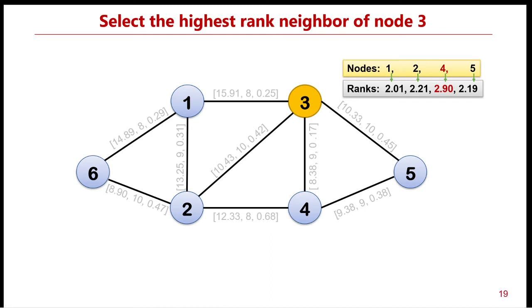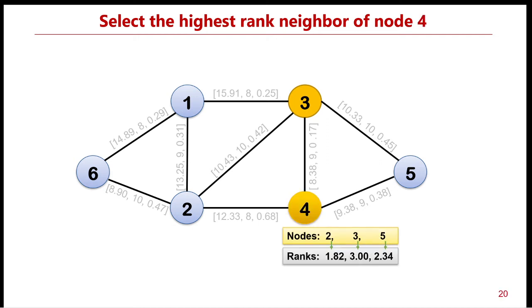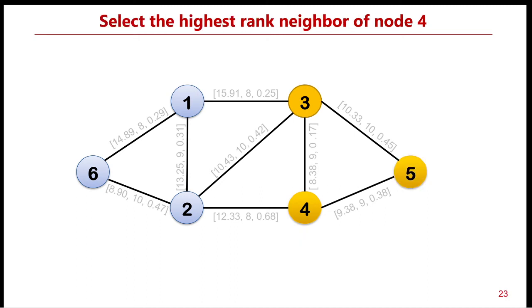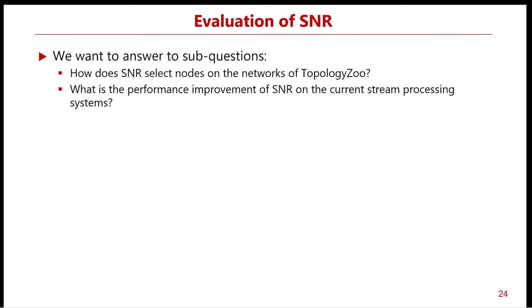Therefore, we add this node as the next node to our current cluster. We repeat the same procedure, and after checking the rank of neighbors of node 4, we find that node 5 has the highest rank, and we select node 5 as the next node. So at the end, nodes 3, 4, and 5 are selected as the worker nodes for our cluster.